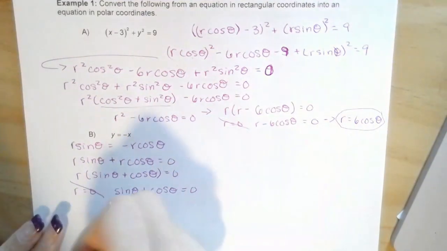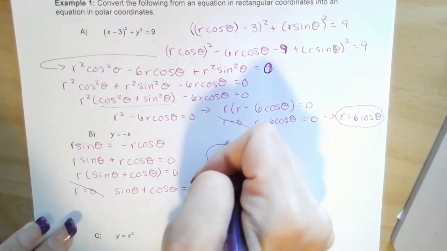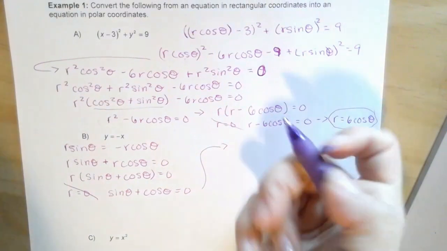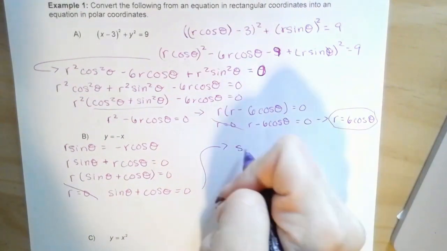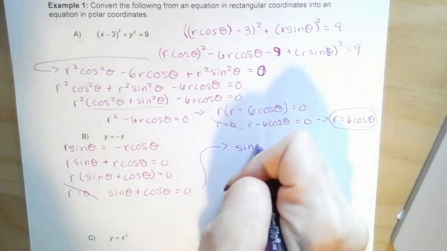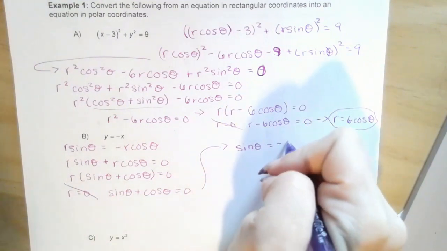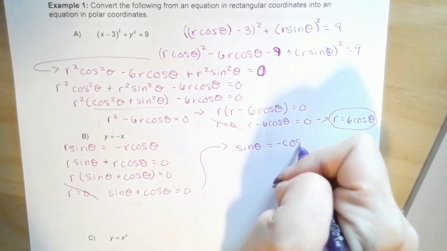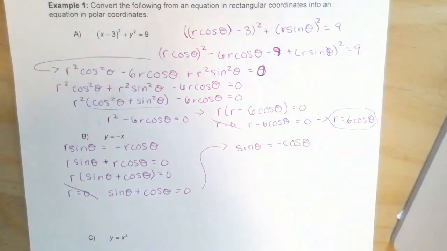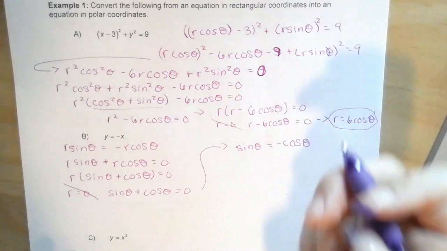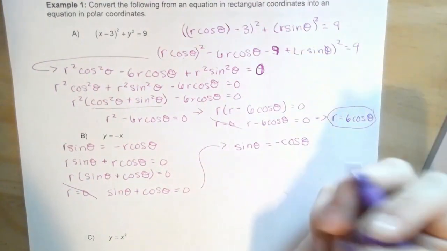Well, let's continue. So I'm going to continue over here so I save some room. So I can move that cosine over. So sine theta equals negative cosine theta. Well, let's think about this. Where is sine theta equaling negative cosine theta? If you think about this, we've done this before.